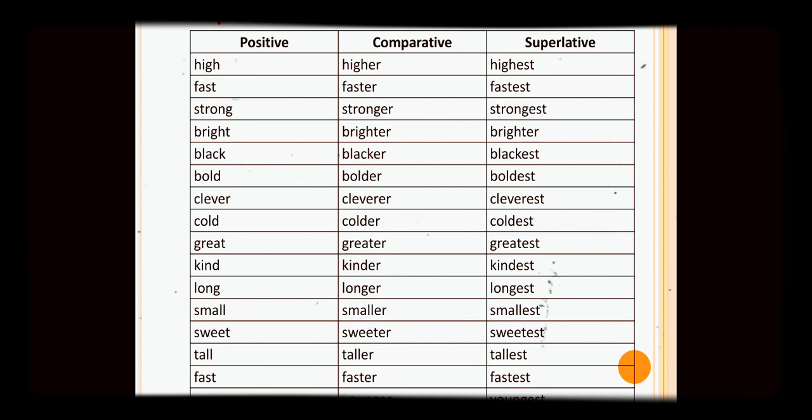So in this way, adjectives change their forms.